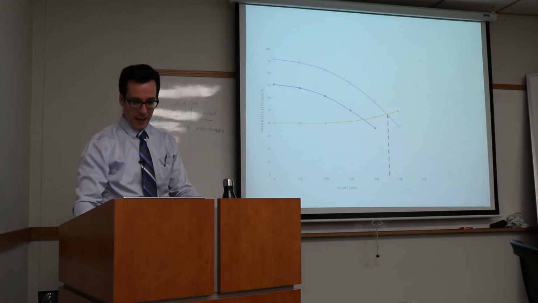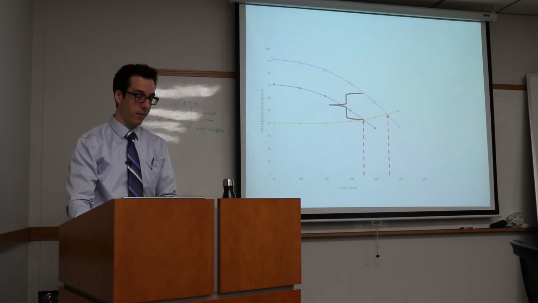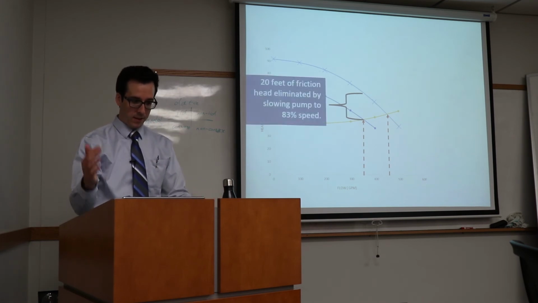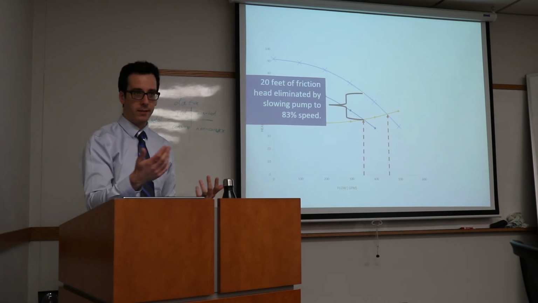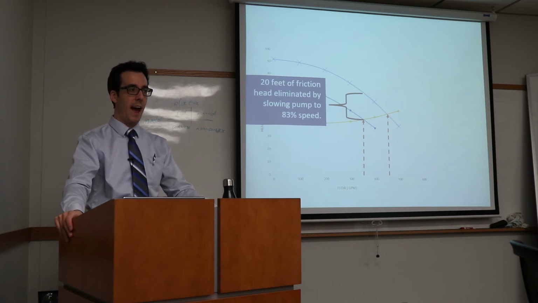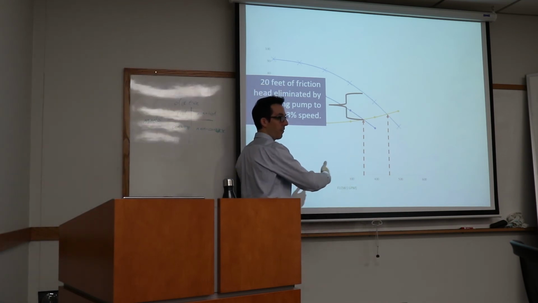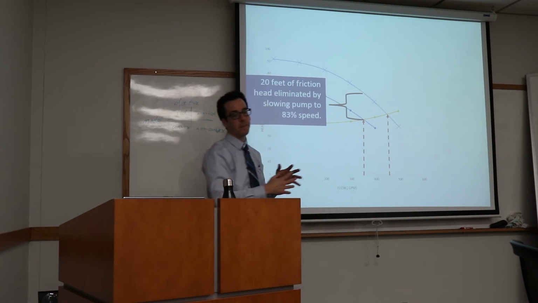And so if that's the case, then we bring it back. Instead of adding a bunch of friction with the throttling valve, we just slow down the pump to whatever speed, say 83% here, and that accomplishes the same purpose without adding any friction head. We're just regulating the flow, okay?